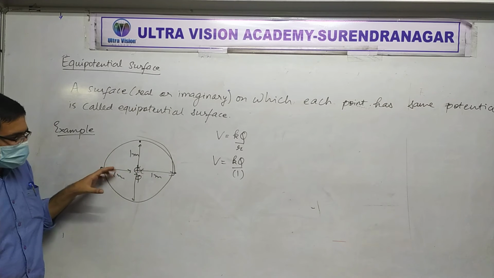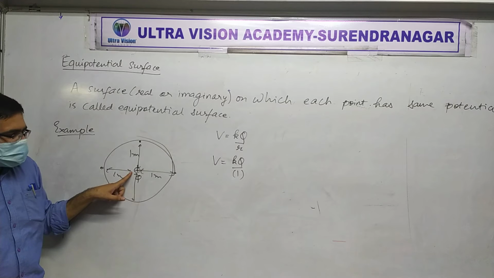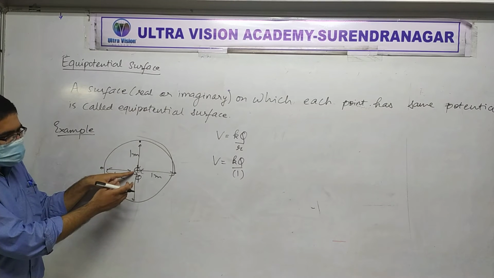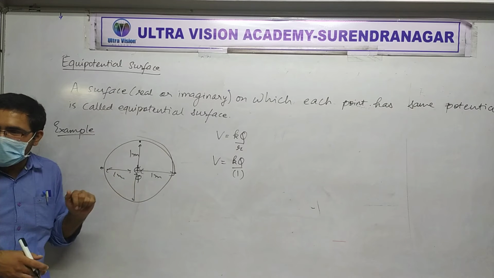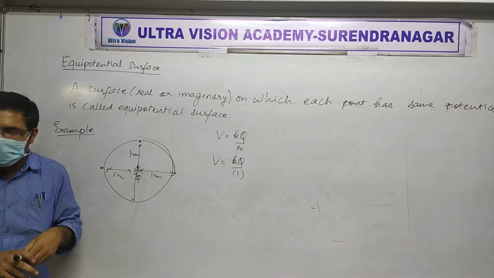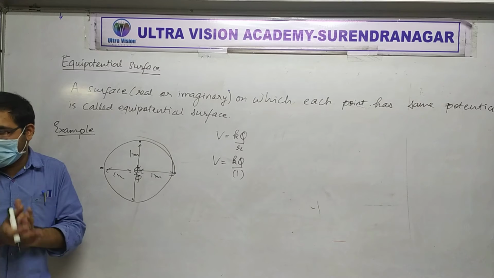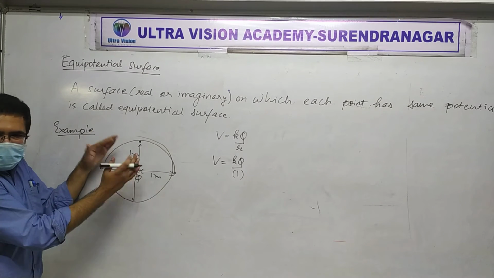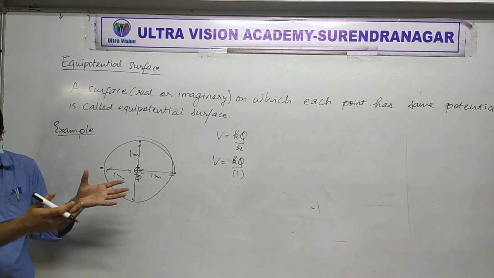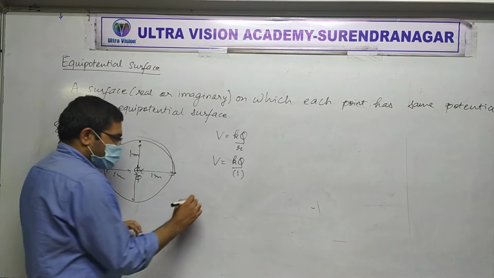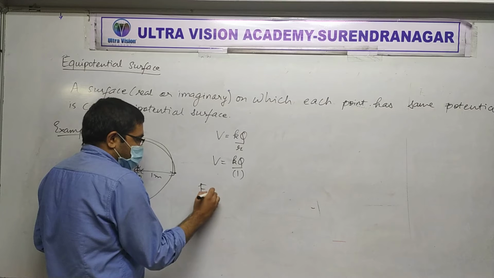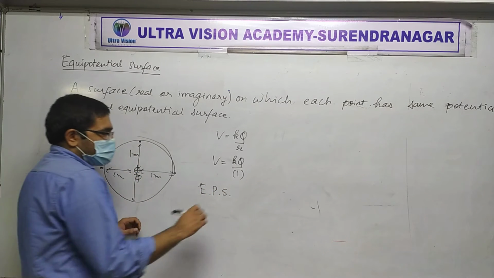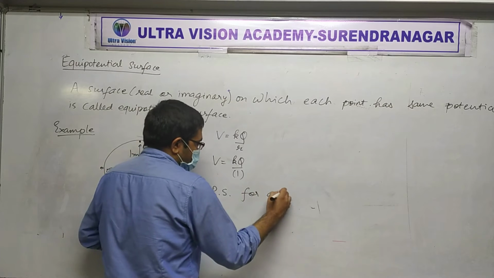So that means that when a point charge creates an equipotential surface, what will be the shape of that equipotential surface? It will be a sphere. Where will be the center of that sphere? At the point charge, because it will surround it from everything. Okay, so let's write that first. EPS is the short form of equipotential surface.